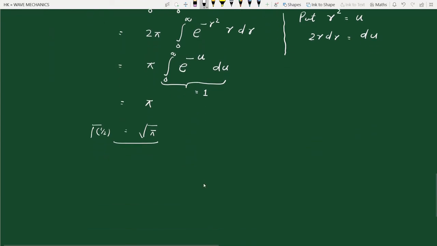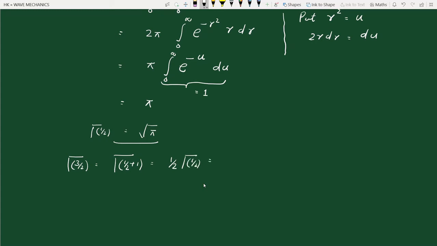So let me add a corollary, or an additional result here. Let us say gamma 3 by 2. How do we evaluate it? Gamma 3 by 2 you can write as gamma half plus 1. So gamma z plus 1 is z times gamma z. That result is true for both integer and non-integer values of z. So gamma half plus 1 is half gamma half.